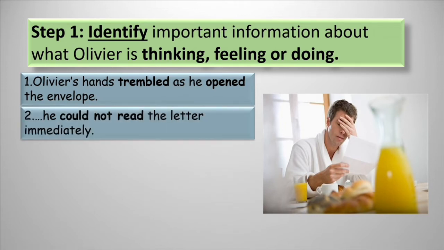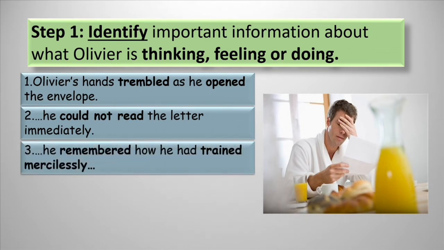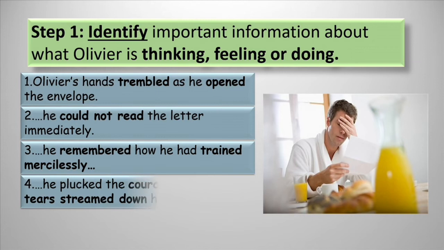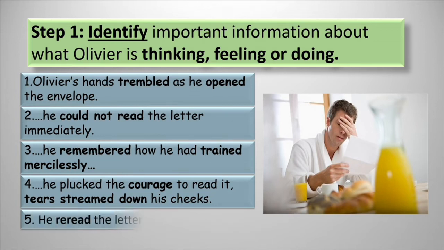He could not read the letter immediately. He remembered how he had trained mercilessly, and he plucked the courage to read it. Tears streamed down his cheeks. He reread the letter.